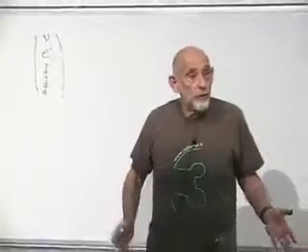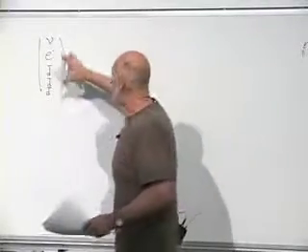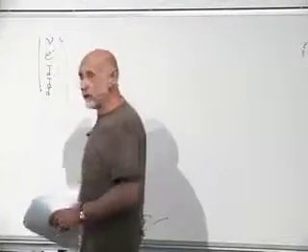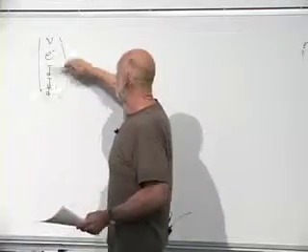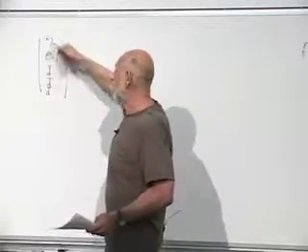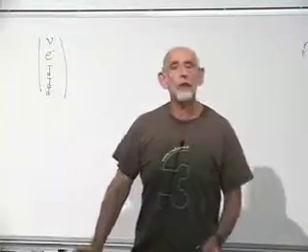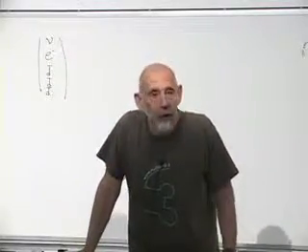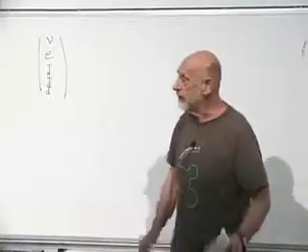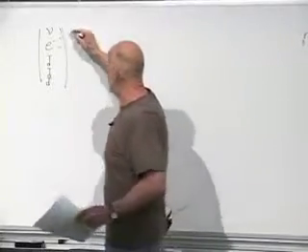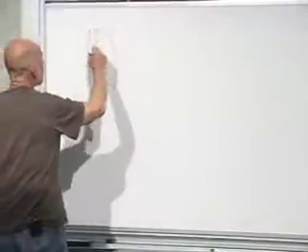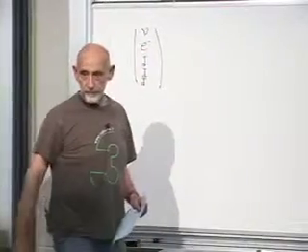And what is the group SU5? It's just the 5 by 5 matrices which mix these things up among themselves. In other words, transformations which can take neutrino to electron and electron to neutrino. Well, we've seen those already. Those are the SU2 of the weak interactions. The SU2 of the weak interactions mix neutrino with electron.